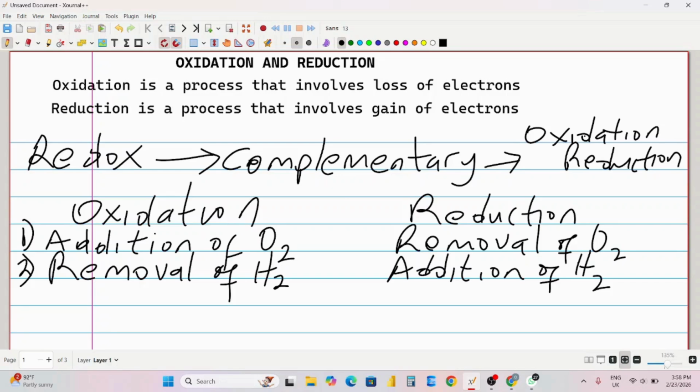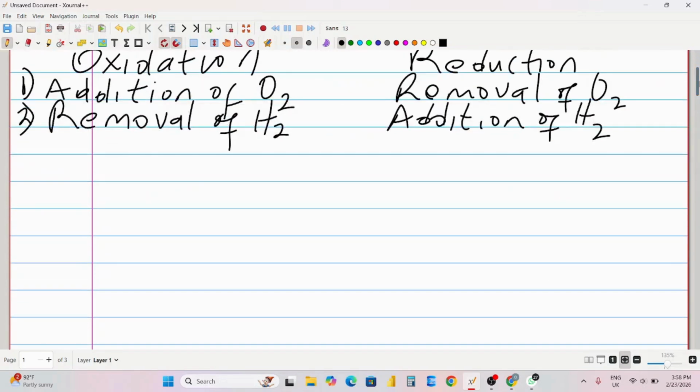Okay, I have one here to showcase these two things that we're talking about. For the first one, I have something on halogens, how halogens respond.